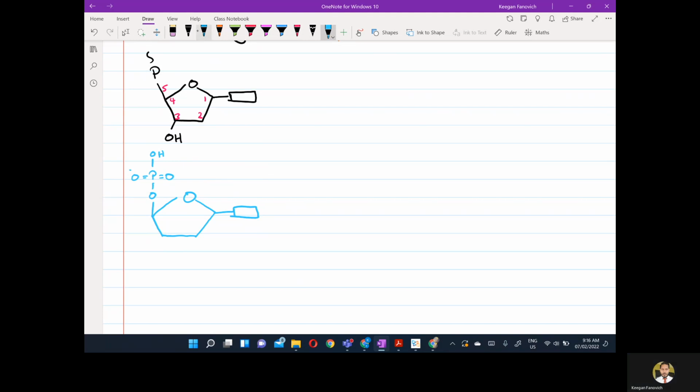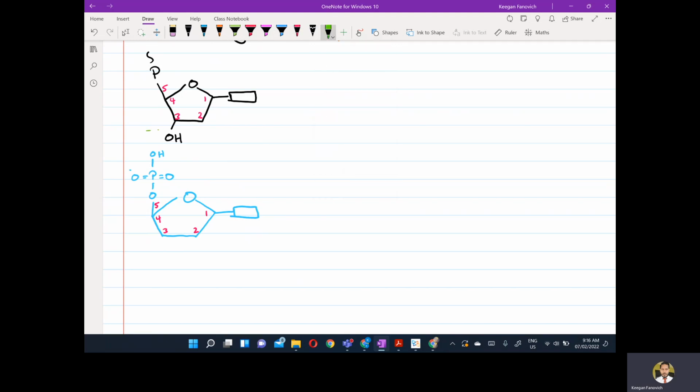Now, the bond forms here. Oh, sorry, let me label it. Carbon number 1, 2, 3, 4, and carbon number 5. So the bond that's going to happen now is going to be between this OH group here and this OH group below. Just use a green or something.